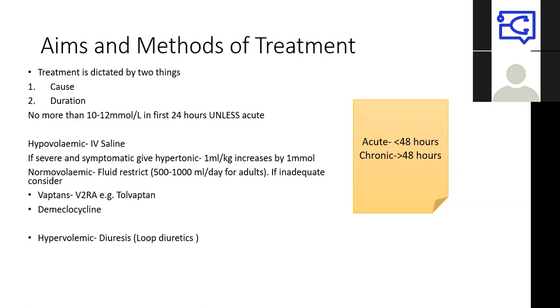Now, it's very important that you limit the rise that occurs in sodium in hyponatremia. Traditionally, and I still am a big believer in this because there's no evidence otherwise, if it's acute hyponatremia, so that means it's less than 48 hours, then it doesn't matter how quickly you increase the sodium.